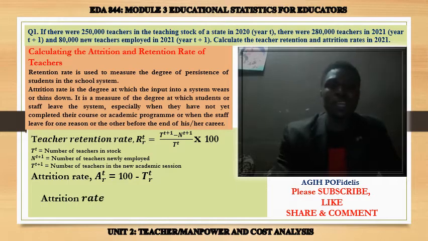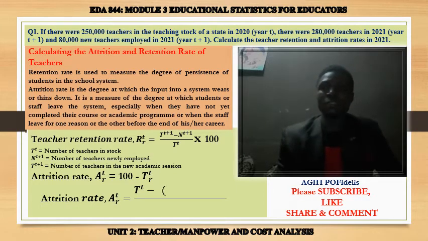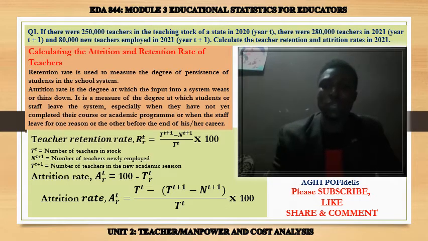To calculate the attrition rate, we can simply subtract the retention rate from 100. This will give us the attrition rate. In other words, we can use the formula here.